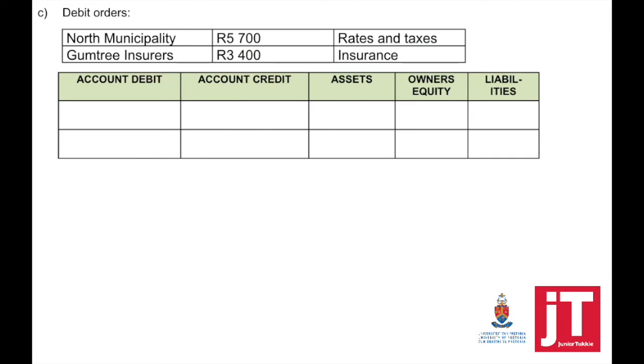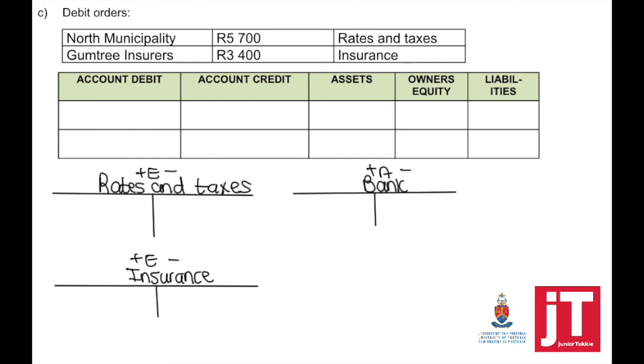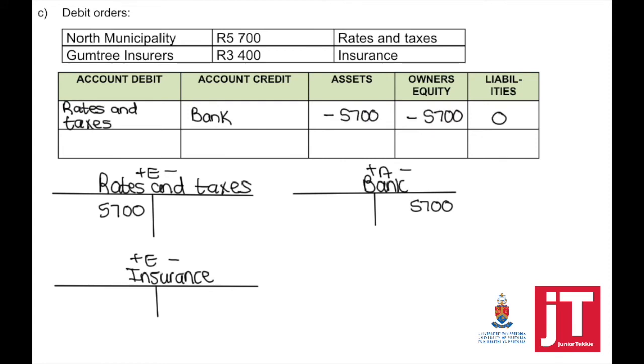Adjustment number C, debit order. We paid North Municipality for rates and taxes, Gumtree Insurers for insurance. Bank is going to be credited because a payment is made, 5,700, account debited, rates and taxes. Effect on the accounting equation, assets minus, because my expense increased, it has a negative effect on the owner's equity.